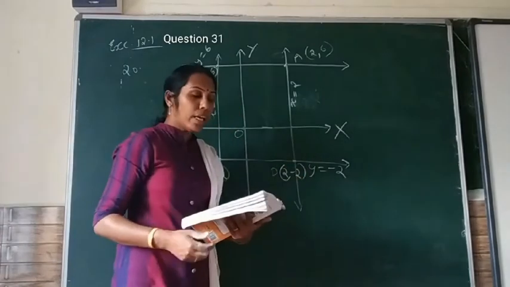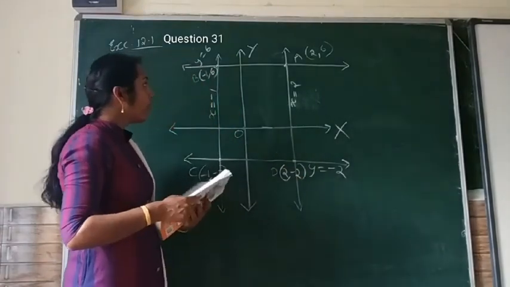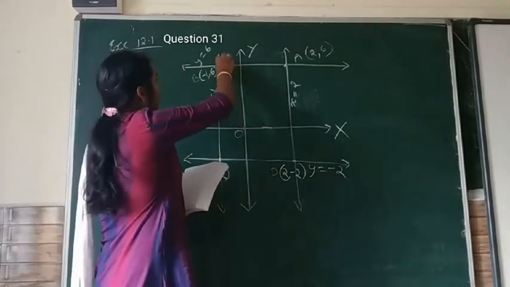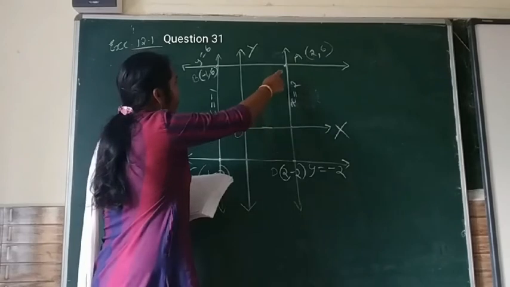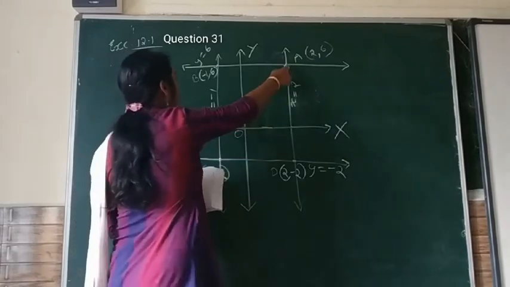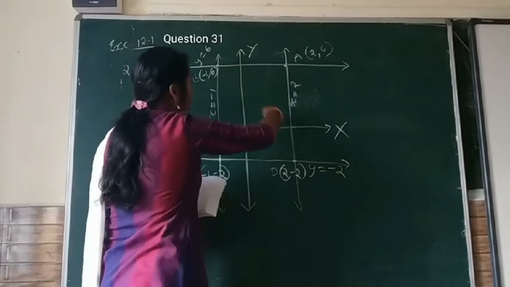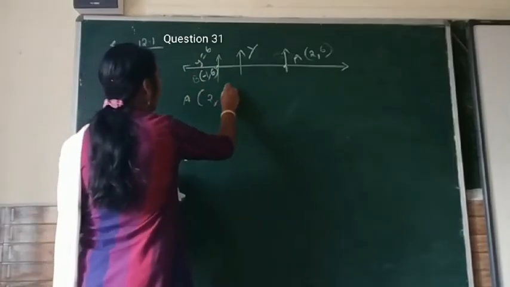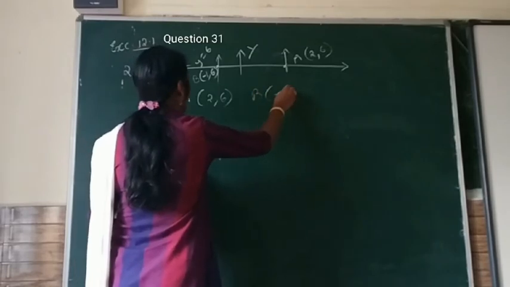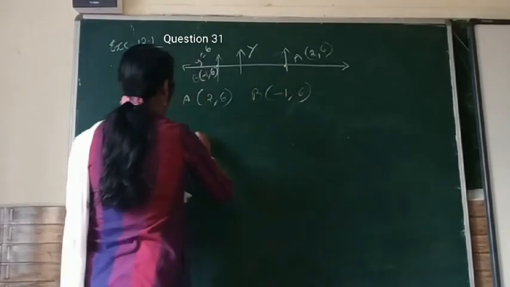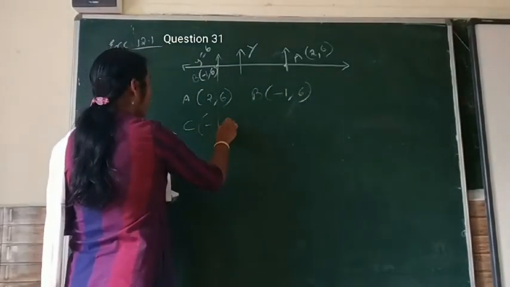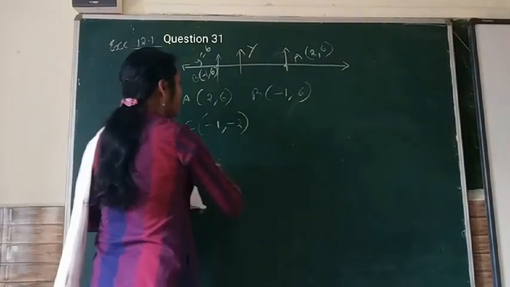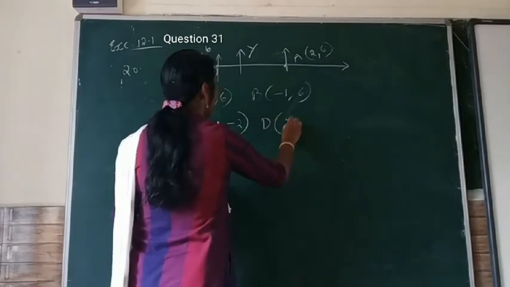Now from these vertices we can find out the equations of the diagonals, that means diagonal AC and diagonal BD. AC can be obtained from these two points and BD can also be obtained from these two points. A (2, 6), B (minus 1, 6), C (minus 1, minus 2) and D (2, minus 2).